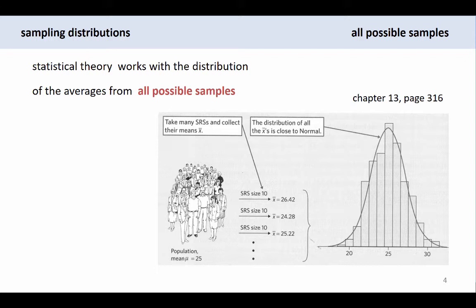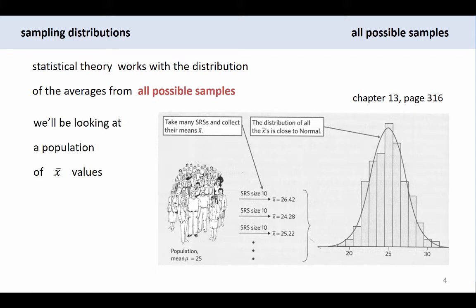We're going to take fairly small simple random samples of size 10. The first one has an x bar of 26.42. The second one has an x bar of 24.28. The third one has an x bar of 25.22.